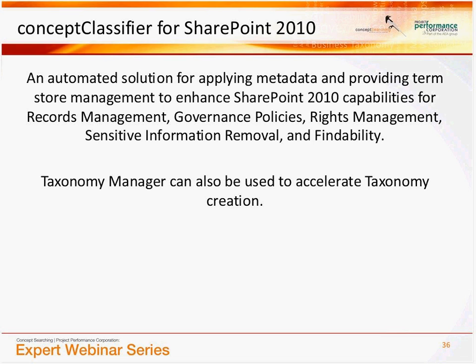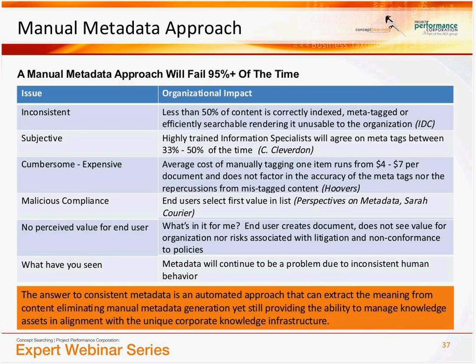Let's have an automated approach. The reason for an automated approach is that a manual approach is going to fail at least 95% of the time, and there are major reasons. The first is that it's inconsistent, i.e. I have old content such as file errors, and those old files might not have any metadata at all. But the main reason is that it's subjective.